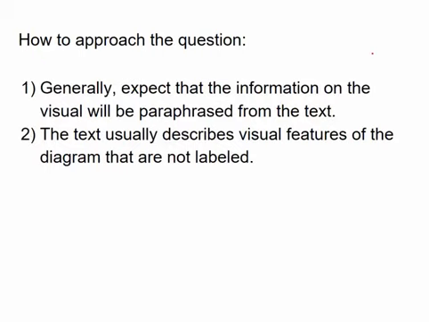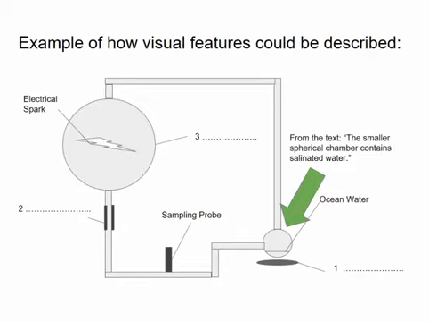Also, and just importantly, you can expect that the passage is going to describe some visual features of the diagram that are not labeled. Okay, so what do we mean by that? Well, let's take a look again at our scientific example. Okay, over here, over to the right with the green arrow, let's imagine that we have a text that reads this.